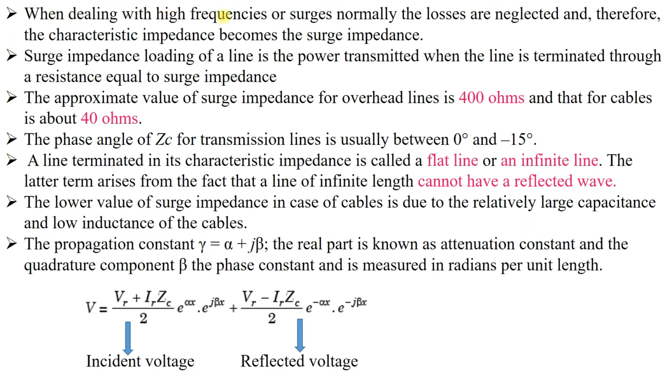When dealing with high frequency surges, normally the losses are neglected and therefore the characteristic impedance becomes the surge impedance. Because we are considering a lossless line, R and G will be equal to 0. So Zc will be given by root of Z by Y. And surge impedance loading of a line is the power transmitted when the line is terminated through a resistance equal to the surge impedance.